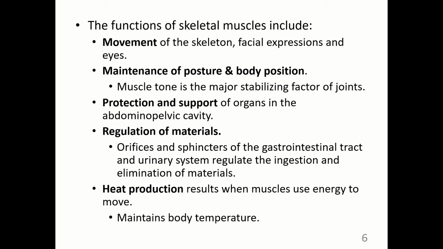Protection and support of organs in the abdominopelvic cavity. The abdomen is not covered by skeletal bones, so it depends on the musculature for protection. The regulation of materials through sphincters and orifices. So the orifices and sphincters of the gastrointestinal tract and urinary system regulate the ingestion and elimination of materials.